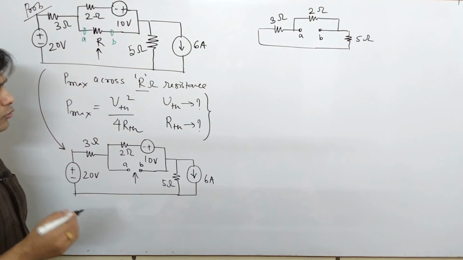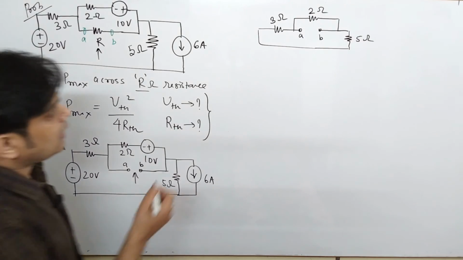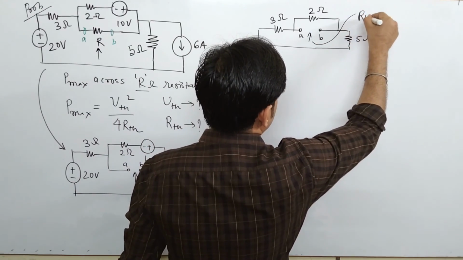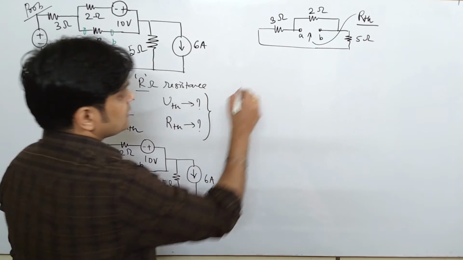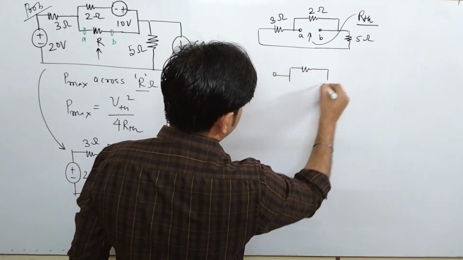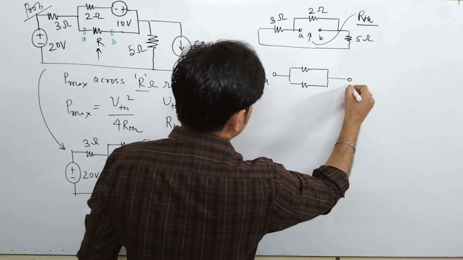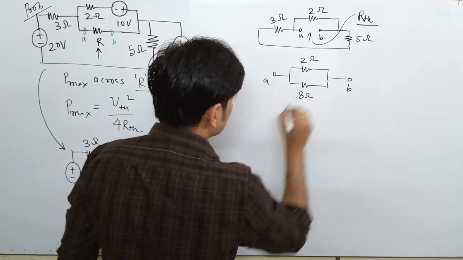As there is no dependent source, one can directly find the value of RTH, that is your Thevenin's resistance. Your 5 and 3 are in series, so I can directly redraw this network. This is your A, this is your B, this is 2 ohm, and this 5 plus 3 comes to be 8 ohm.